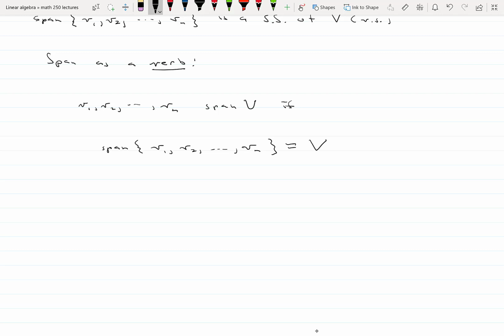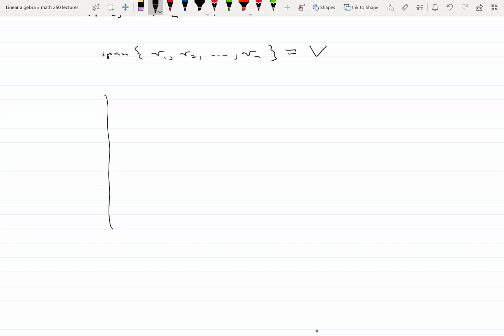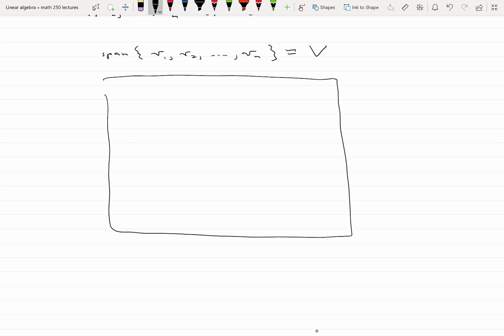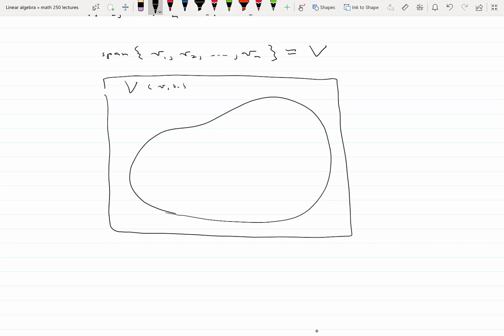So let's try to piece together what we mean by these two usages of the word span. Generally, if you have a vector space, the span of a set of vectors, that is the set of all linear combinations of those n vectors, the span of v1, v2, all the way up to vn, is a subspace of the vector space V. It doesn't necessarily cover the whole vector space.